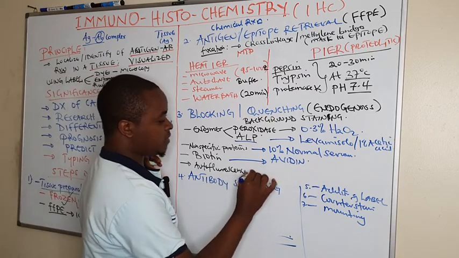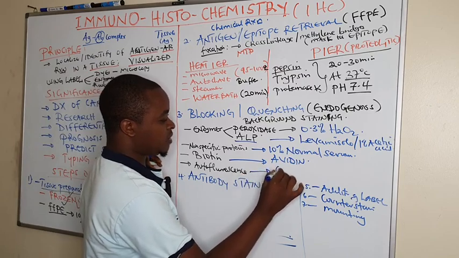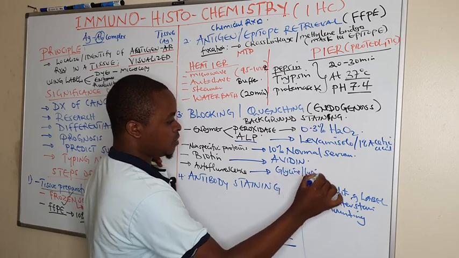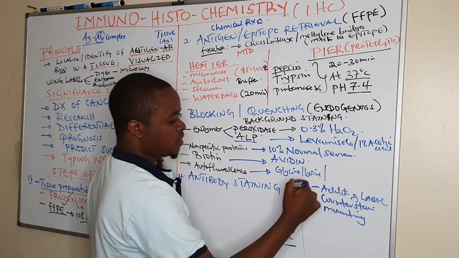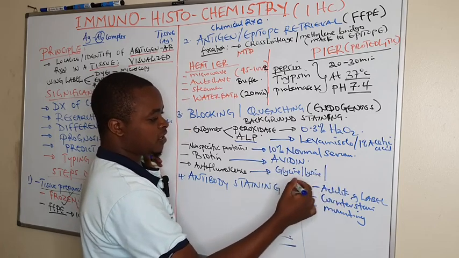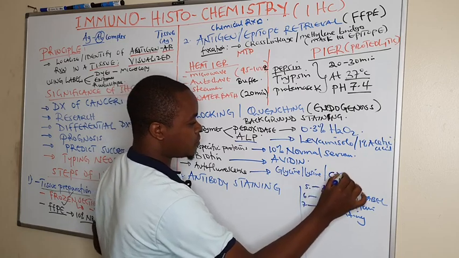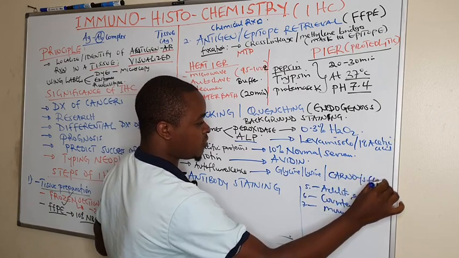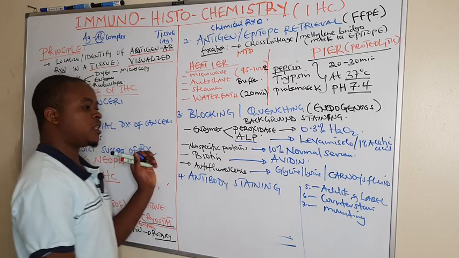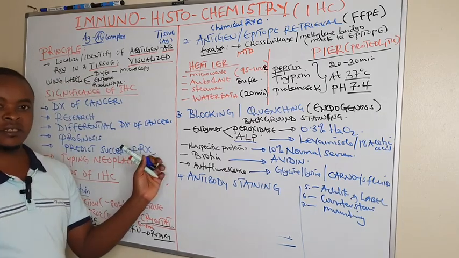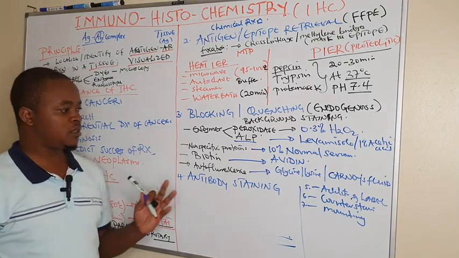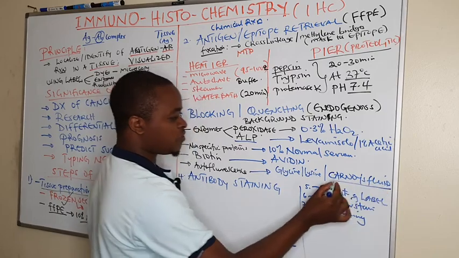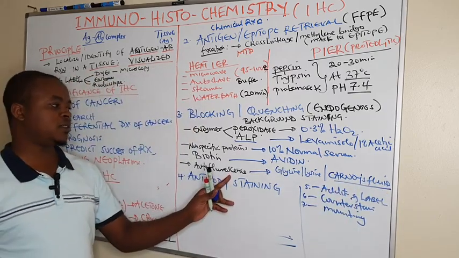Then autofluorescence is prevented by using glycine or lysine, or you can use Carnoy's fluid, because this is a non-aldehyde fixative which can prevent autofluorescence caused by formalin, which is due to porphyrin and flavins in the tissue. So here we can use Carnoy's fluid to prevent autofluorescence.